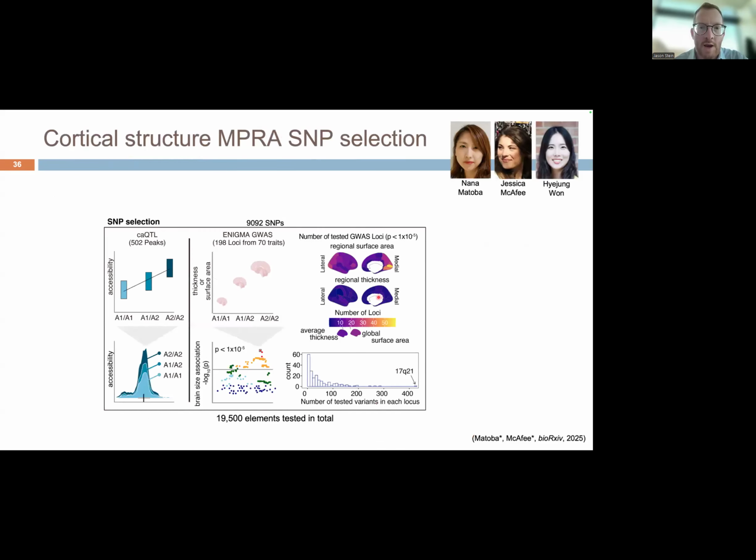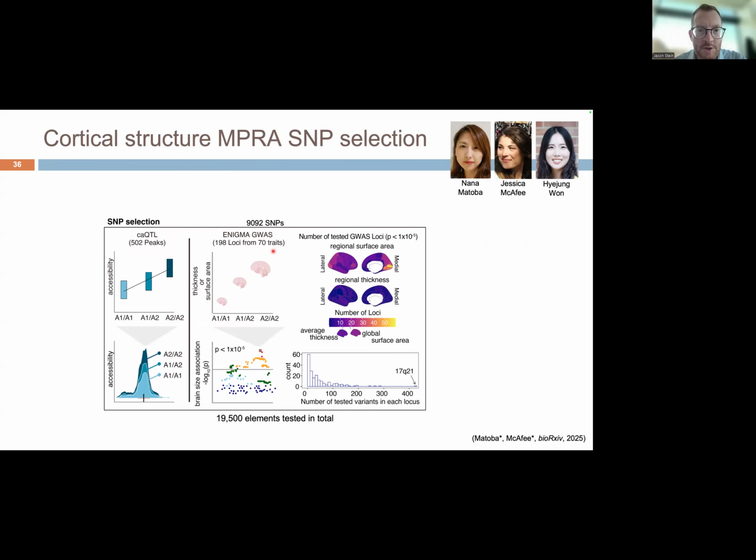So we ran an MPRA assay together with our colleagues, Nana Matoba in my lab, Jessica McAfee in Hyejung Won's lab, and Hyejung herself. We did this in primary human neural progenitor cells, and we selected SNPs that were already shown to be caQTLs, so those regulating chromatin accessibility, as well as our ENIGMA GWAS from cortical structure.